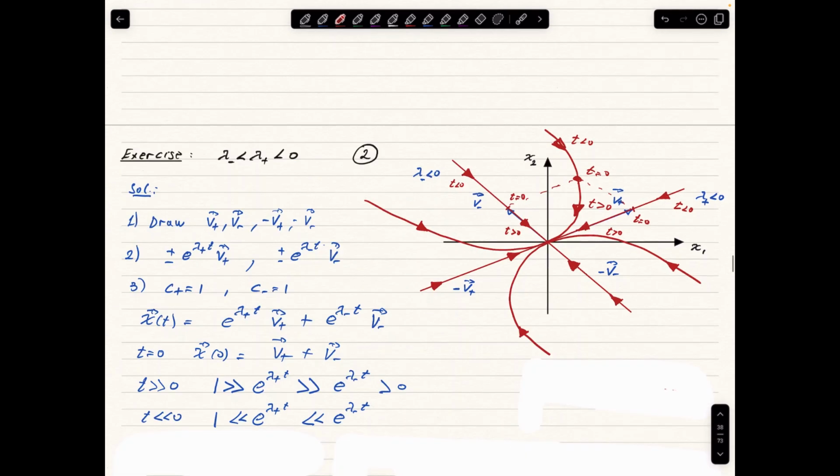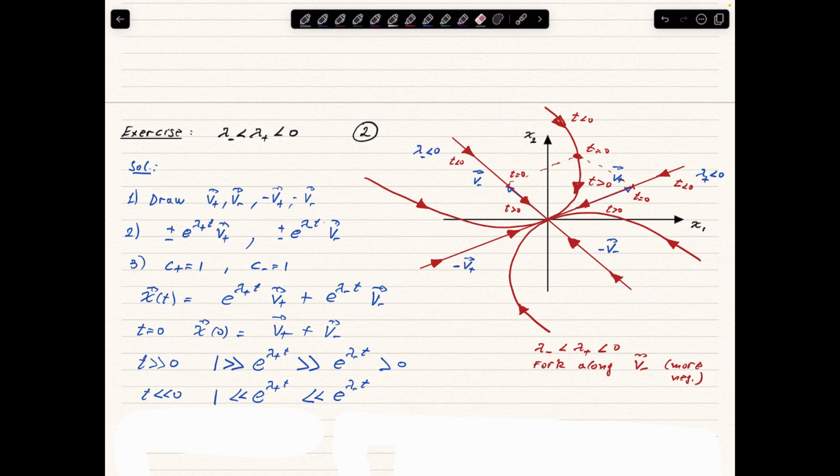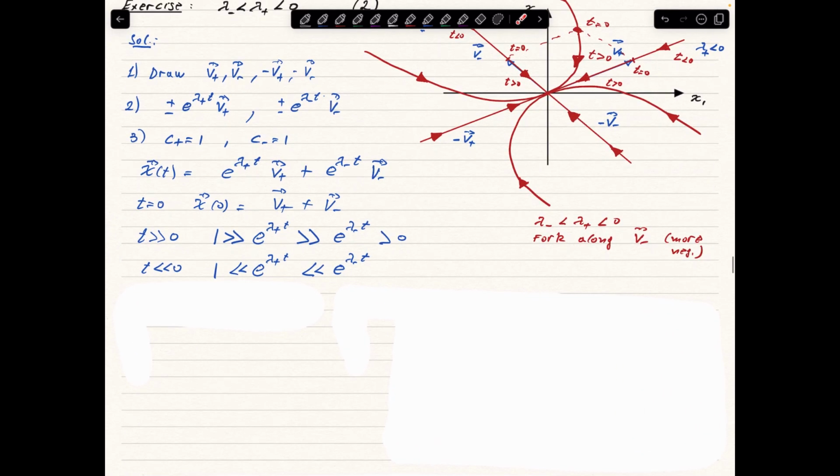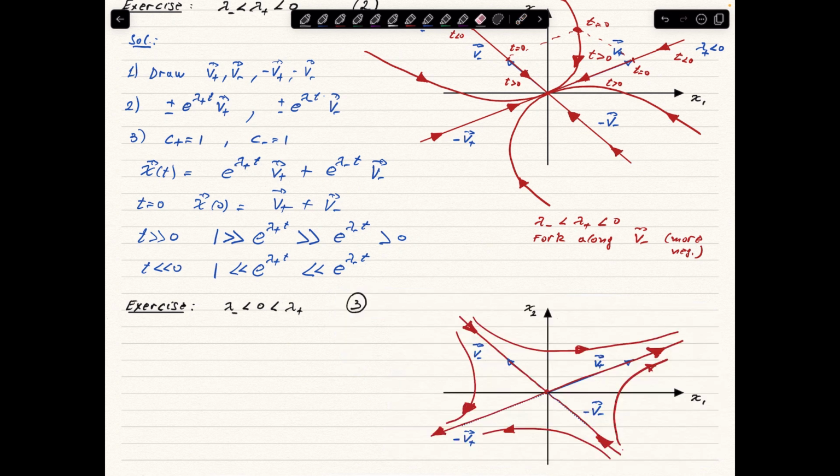So what we end up with is some sort of fork, but the fork is along the direction of the more negative. Before, we had a fork in the direction of the more positive when both eigenvalues were positive, and now it's a fork in the direction of the more negative eigenvector. And if you study the case of one eigenvalue positive and the other negative, you're going to end up with a picture more or less like this.